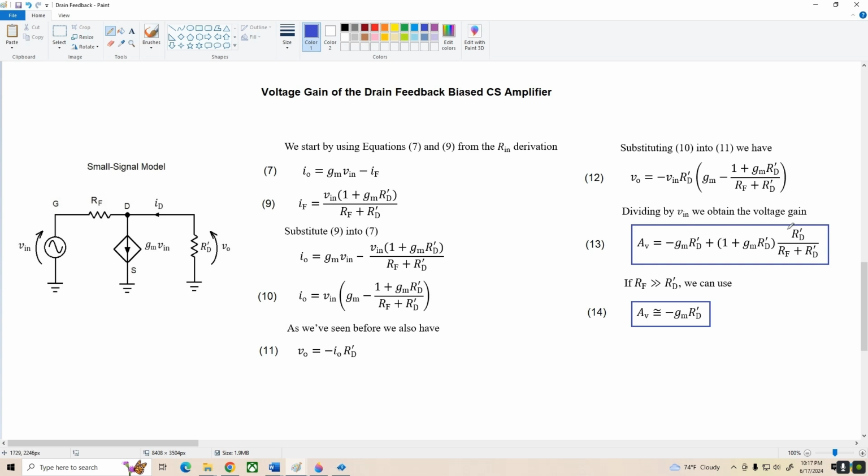And we're adding this other term here that reduces the gain magnitude. Remember, this is a negative gain, and we're adding the gain times this factor over here.